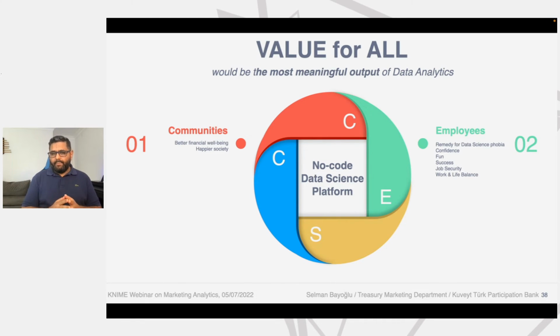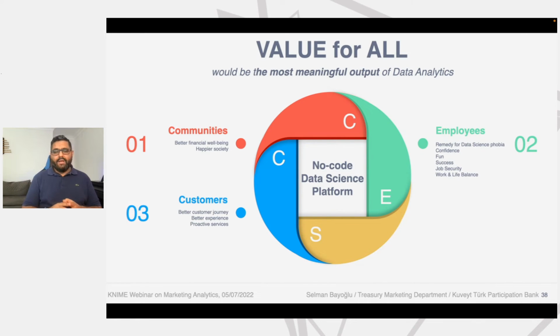And it is helping us feel more confident, and it's fun to play with data and get results and drive value, and it helps us become successful in our business. It also secures jobs, the affiliation, and it helps work-life balance as well.